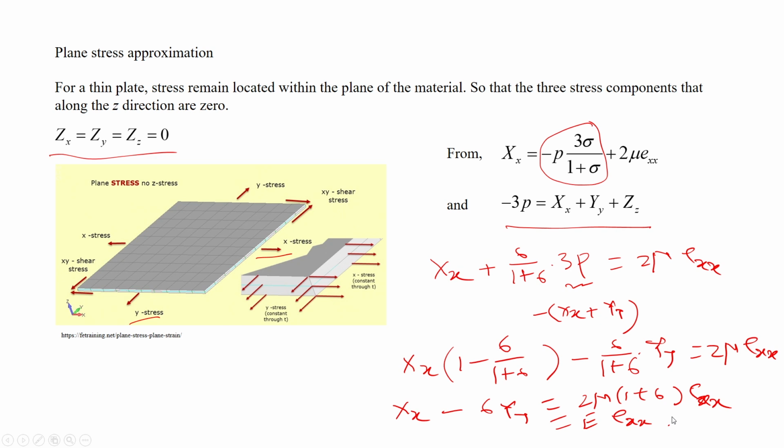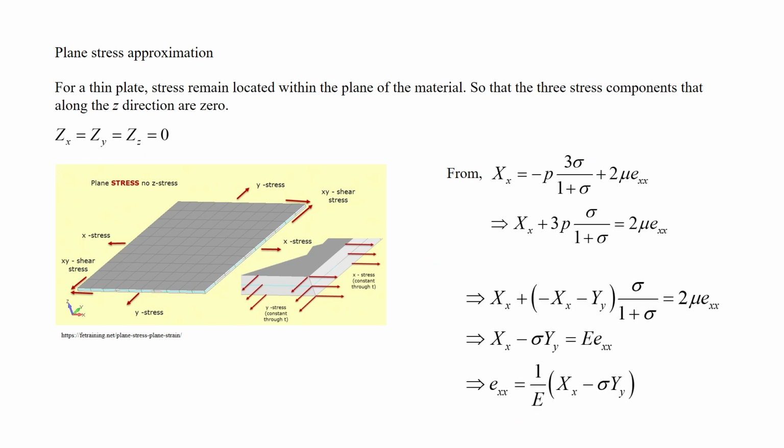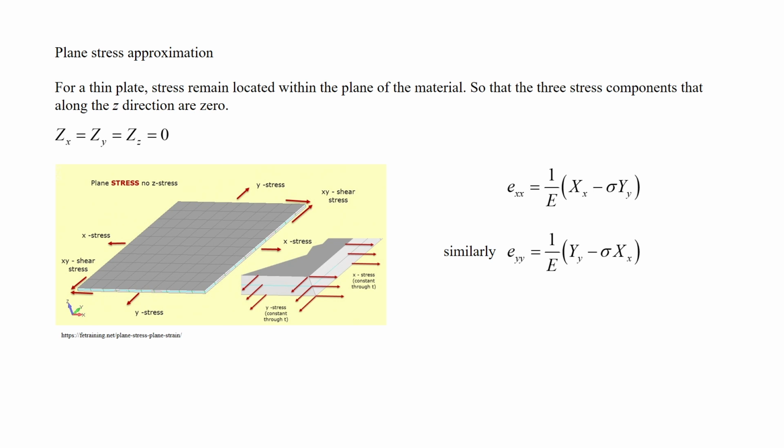You can derive the stress strain relation from this for this particular case like this. So, here we can write e xx equal to 1 by E times xx minus sigma yy. Similarly, for e yy we can write the equation like this, similar to this expression.